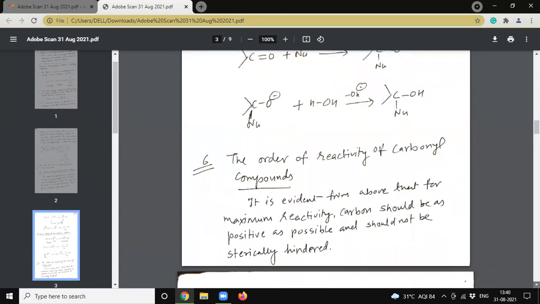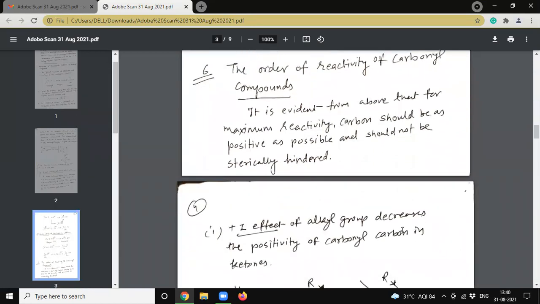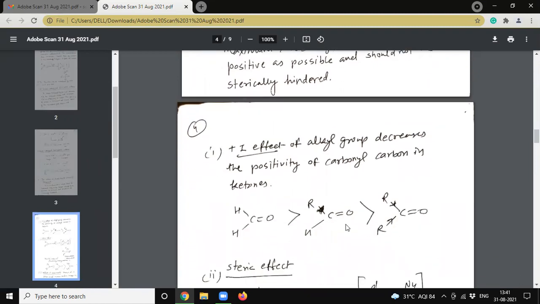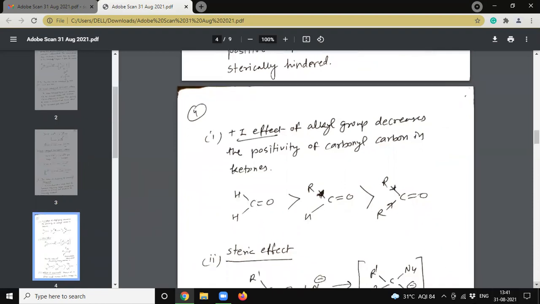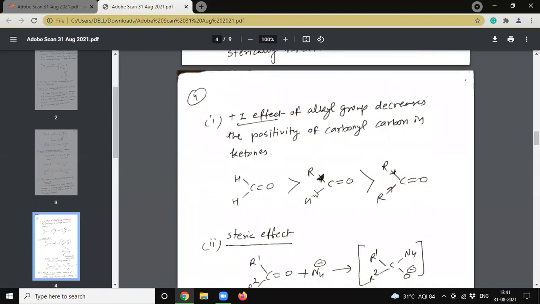The order of reactivity of carbonyl compounds. It is evident from the above that for maximum reactivity the carbon should be as positive as possible and should not be sterically hindered. The plus I effect of alkyl groups decreases the positivity of carbon in ketones. See here, this formaldehyde, then this aldehyde, then ketones.